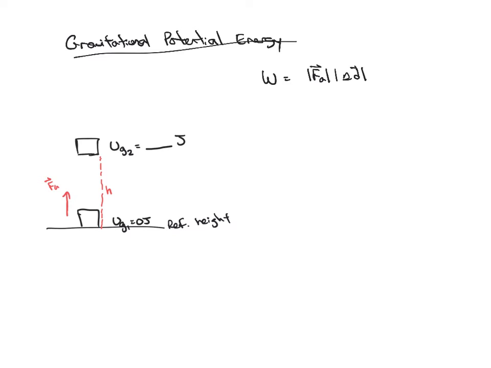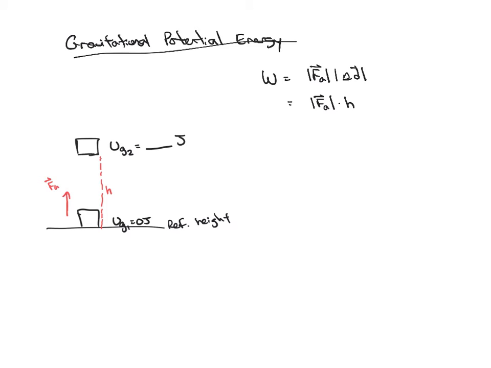I'm not even going to write down cosine of 0 because it's equal to 1. And you think, okay, so that should be how many joules of gravitational potential energy it has now. And if we say that the displacement is h, the height that we lifted by, then we can see where the h comes from in the formula of mgh for gravitational potential energy.